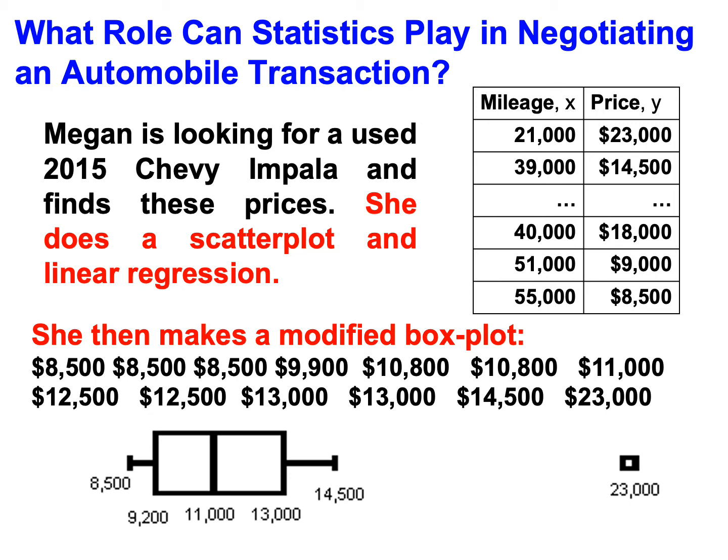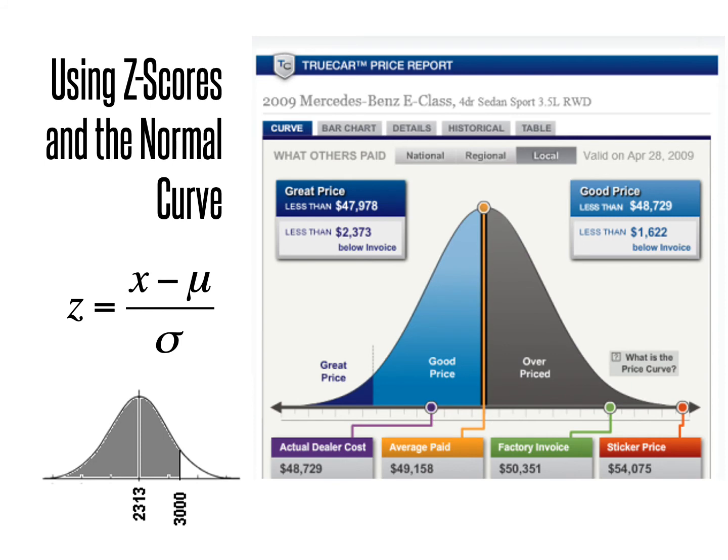Another thing that we did was we took all the prices and we made a modified box and whisker plot. Notice you can see with the plot where the quartiles are, where the median price is, and where the outlier lies. The course includes a full treatment of the normal curve, percentiles, and z-scores.